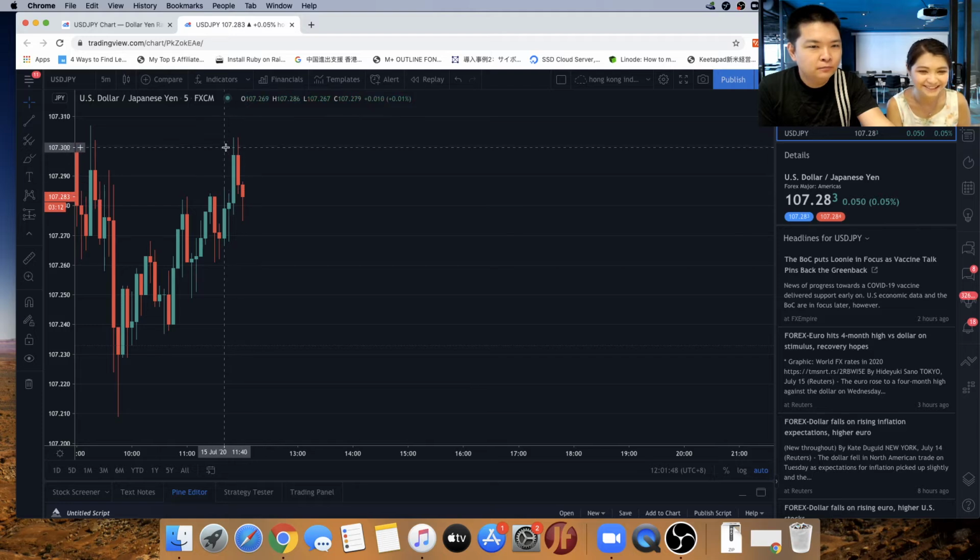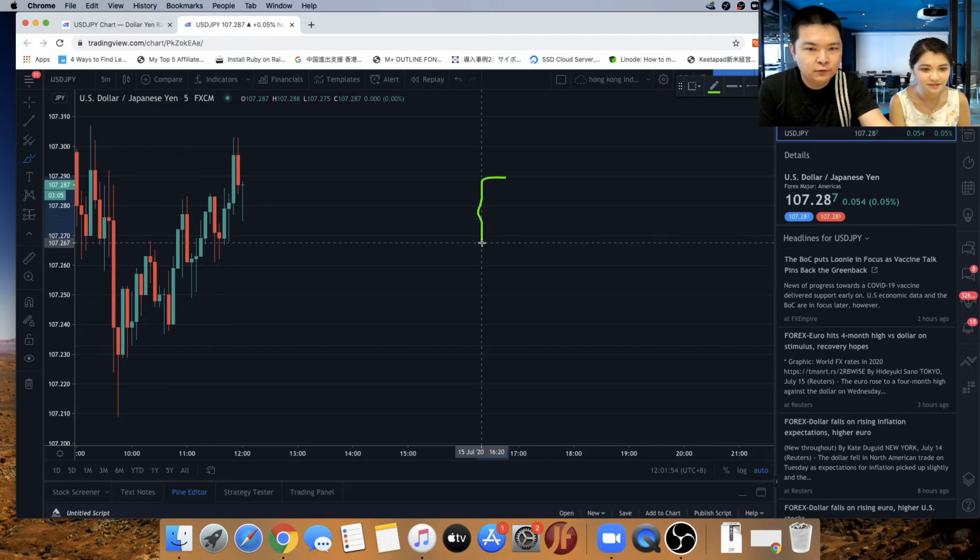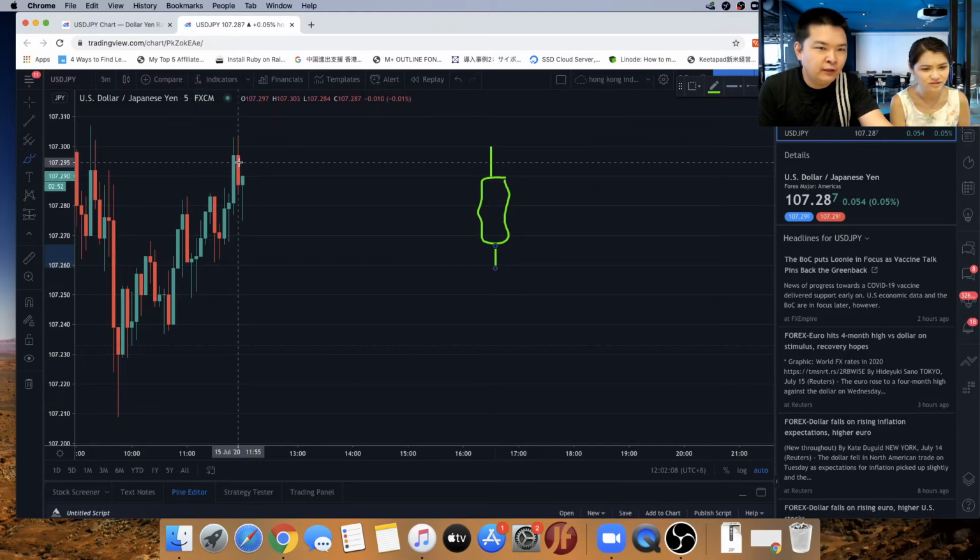Now, I will explain to you once again. Whoops, this is not really a rectangle, but you guys get what I mean, right? So this candle, why do they finish either green or red?